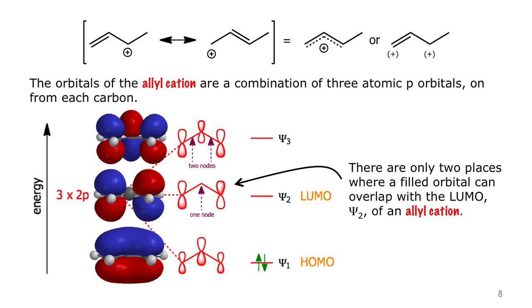Where would the halide ion donate its electrons? The answer is to the LUMO of this structure. The LUMO is shown here. This is the calculated molecular orbital for the pi antibond of this three-atom delocalized structure.